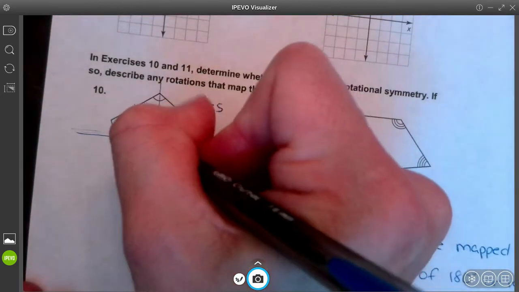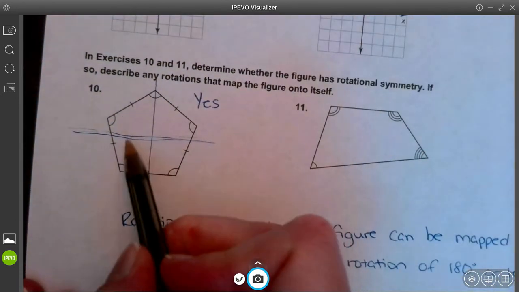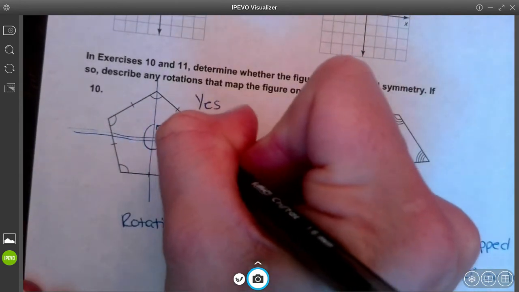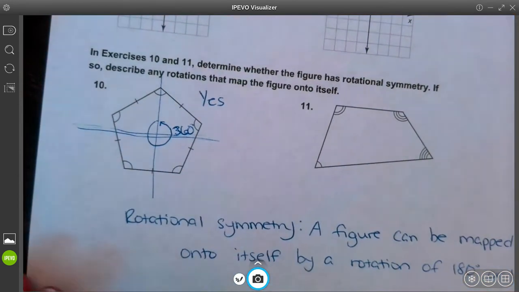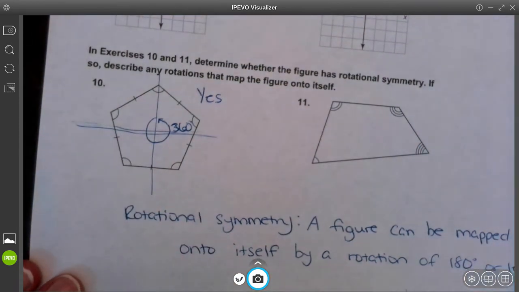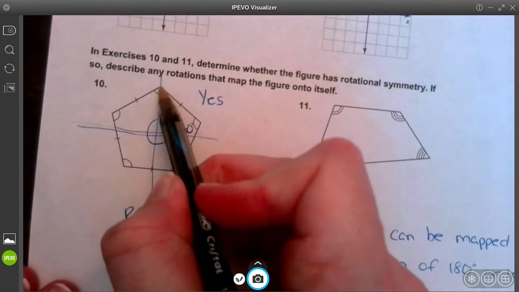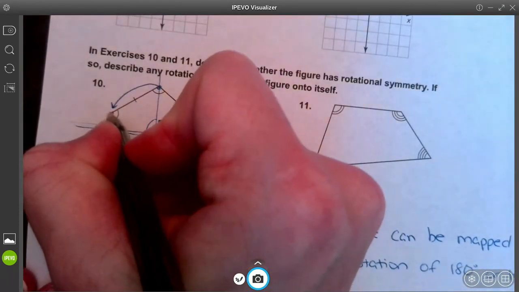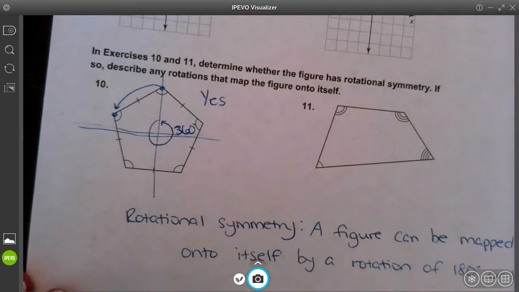And we know rotating something all the way around a circle, so it's back onto itself, that's 360 degrees, right? Well, we know that in this regular pentagon, since there's 5 sides, if I take this point and rotate it to here, that would map the figure back onto itself.